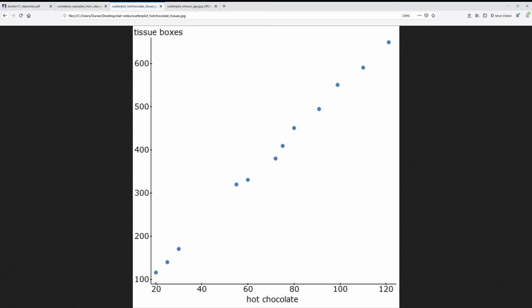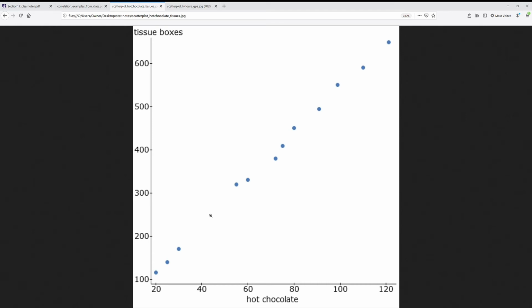However, when you go to draw the line that best fits the dots, you want to understand what the purpose of it is. The purpose is to do some predicting. So for instance, if this is the line that best fits these dots, then it would go through about here, right? So if you had a month in which you sold 40 hot chocolates, you would predict 250-ish tissue boxes being sold.